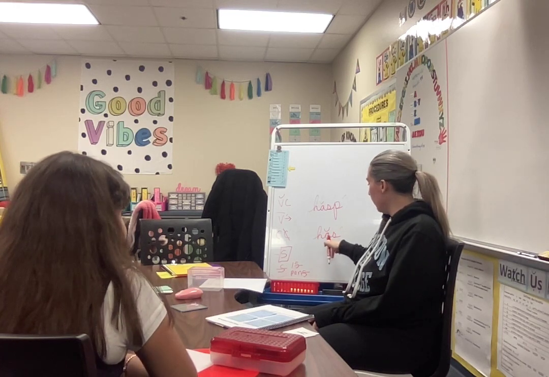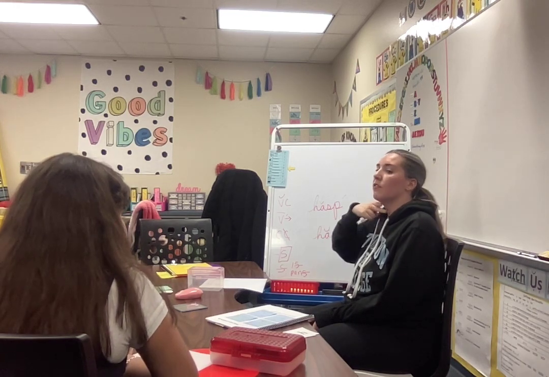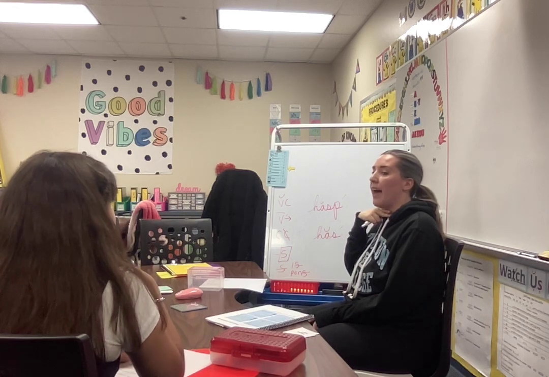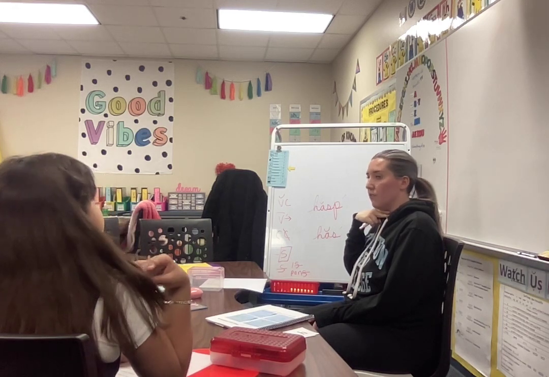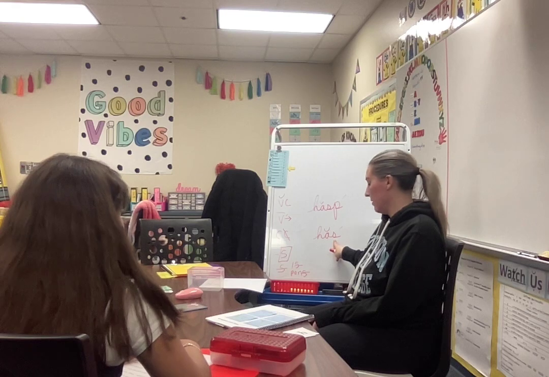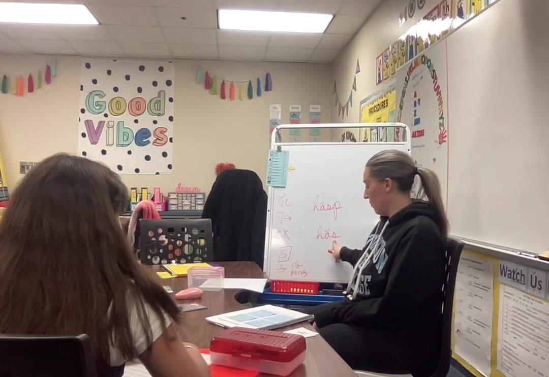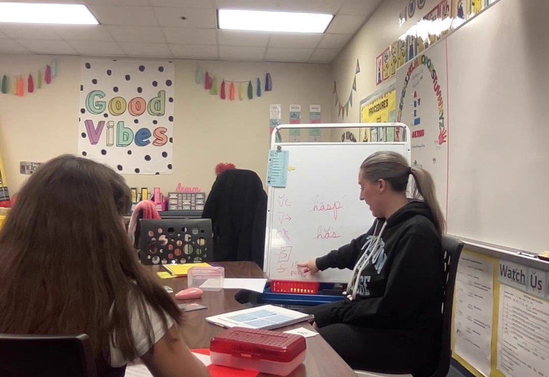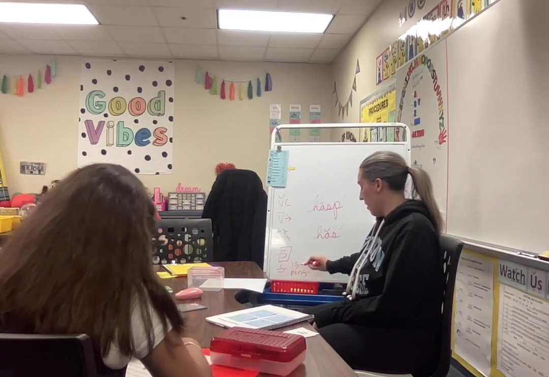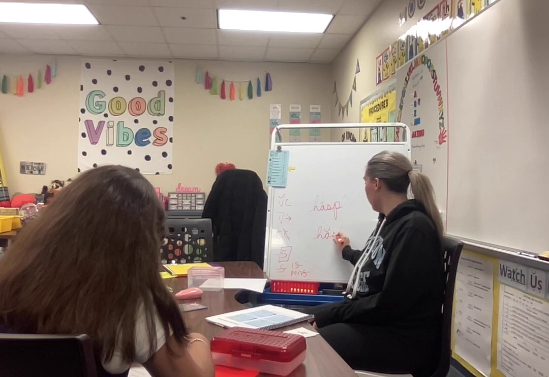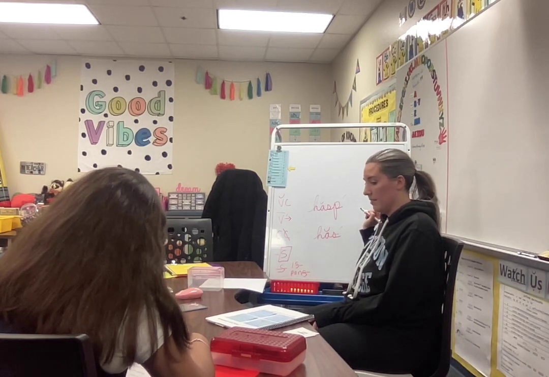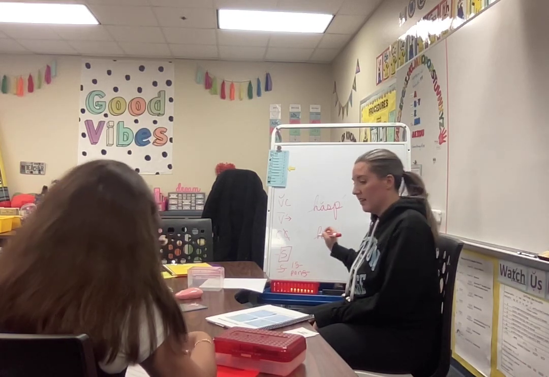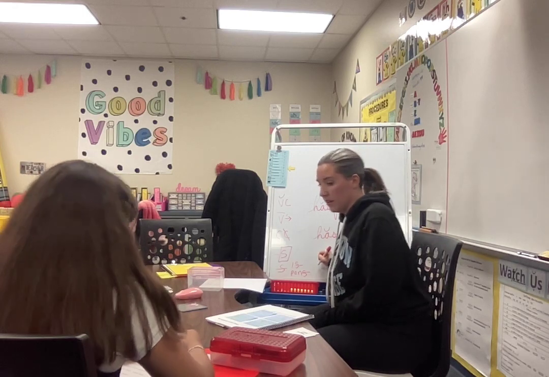Good. If I check if that's voiced or unvoiced, this is voiced, which means what? My S is going to be voiced also. So we can give it a voice line. Has. Good.